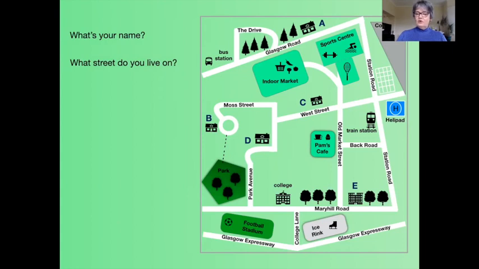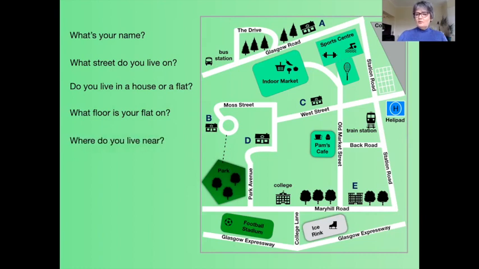The second one, what street do you live on? The third question, do you live in a house or a flat? And if they say a flat, the next question is, what floor is your flat on? And the last question, where do you live near?